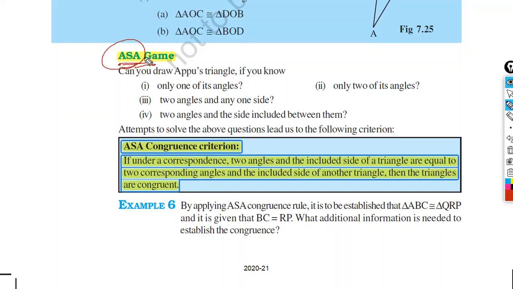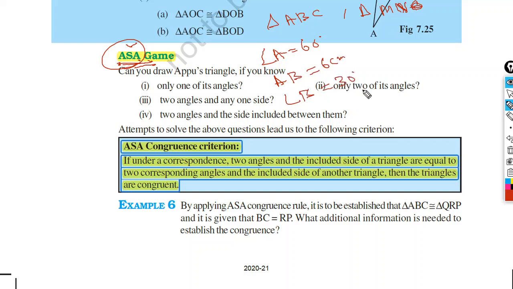Here in this case, you are given two triangles, suppose triangle ABC and triangle MNO, where ASA means two angles and one side included. Therefore we can say angle A is equal to, suppose, 60 degrees, then one side AB is equal to, suppose, 6 cm, and angle B will be equal to, suppose, 30 degrees.